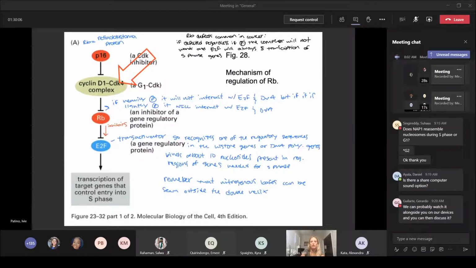But if RB is defective, which is common in cancer, regardless of whether it's phosphorylated or not, the complex will not work. E2F will always stimulate, that's what this little S stands for, transcription of S phase genes. And that's why we get cancer, because we're always replicating, always creating new cells.